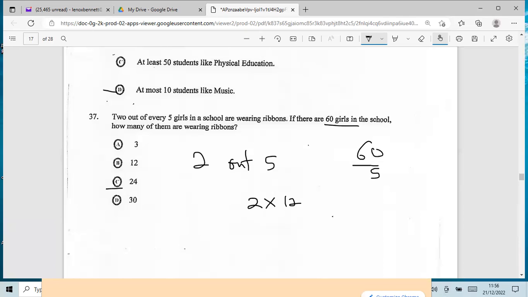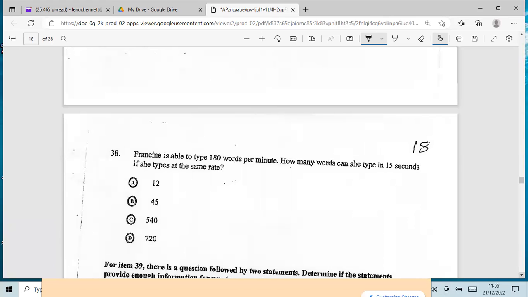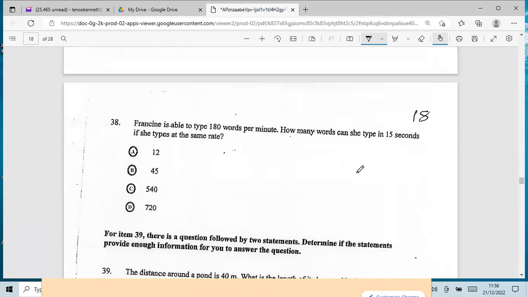All right, let's move on to 38. Francine is able to type 180 words per minute. How many words can she type in 15 seconds if she types at the same rate? Francine is able to type 180 words per minute.